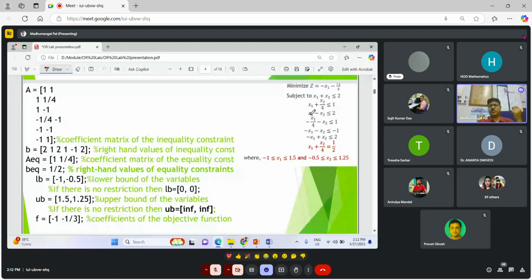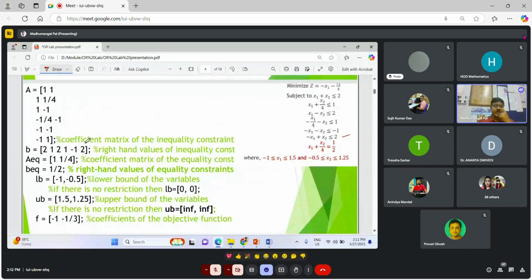The coefficients in the third row are 1 and -1. And the last inequality constraint is minus x1 plus x2 less than or equal to 2, so the coefficients of the last row of matrix A are -1 and 1. So this is the matrix A.